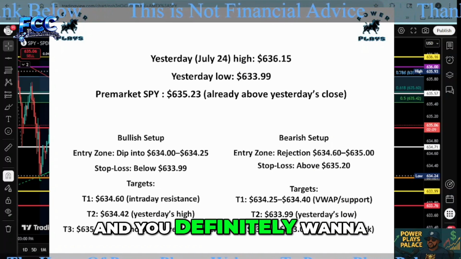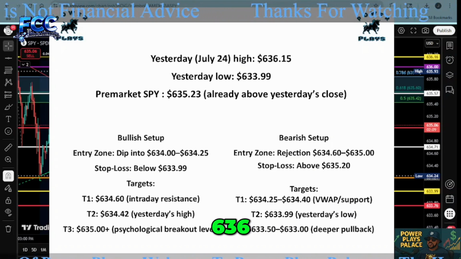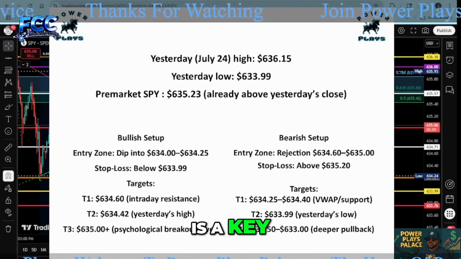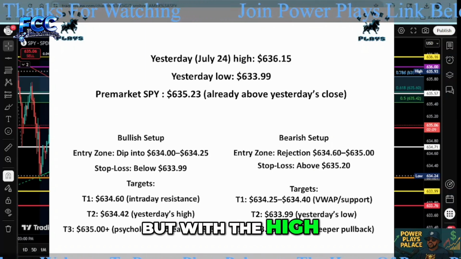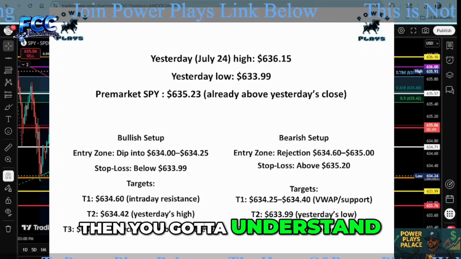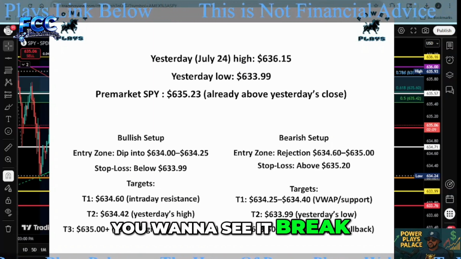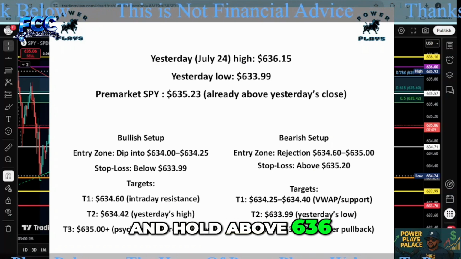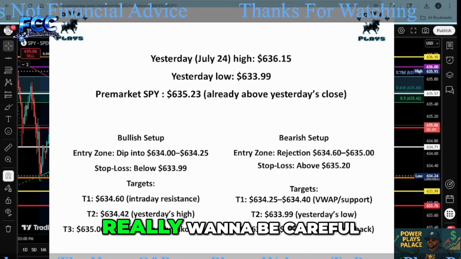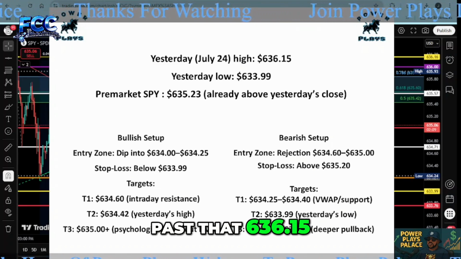And you definitely want to look for that. Now, 636 is a key area, but with the high that it reached yesterday being 636.15, that is the place you want to see it break. Even if it breaks and holds above 636 as the high, it's good, but you really want to be careful if it doesn't break past that 636.15.